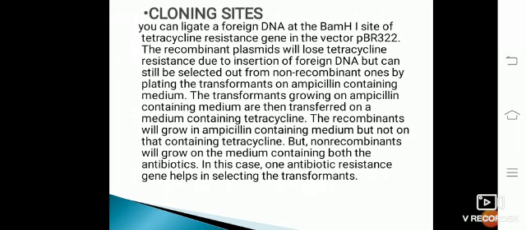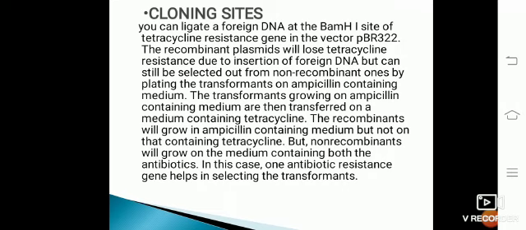What is a cloning site? These are the cloning sites, also called recognition sites. The joining of foreign DNA is carried out at a restriction site located in one of the two antibiotic resistance genes. For example, a foreign DNA can be linked at the BamHI site, which is in the extrachromosomal circular DNA of the tetracycline resistance gene.